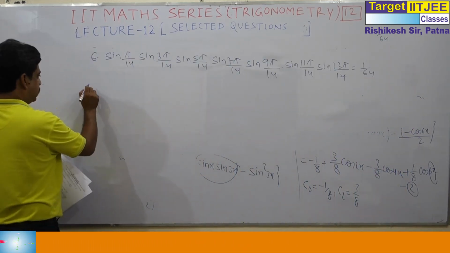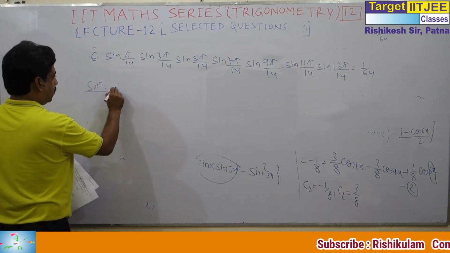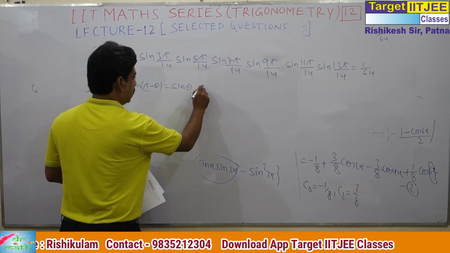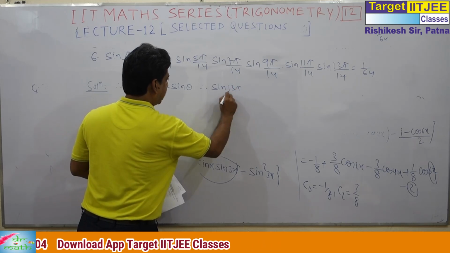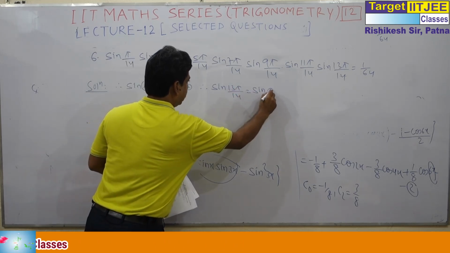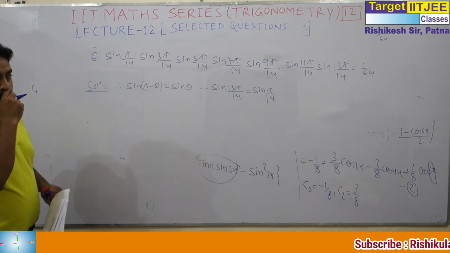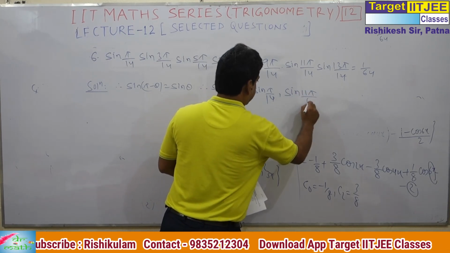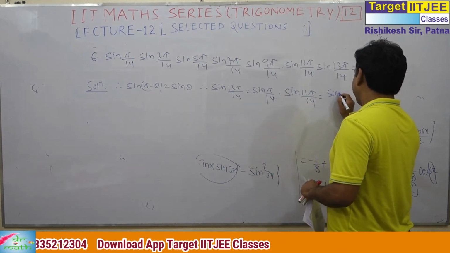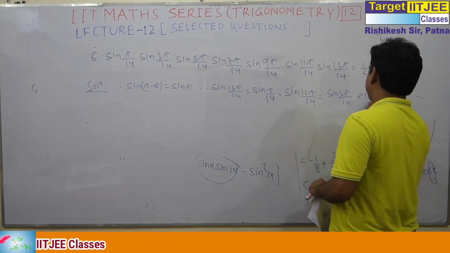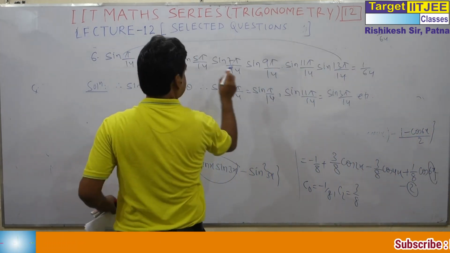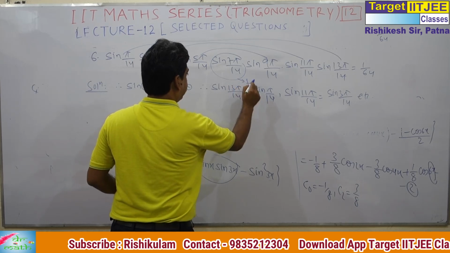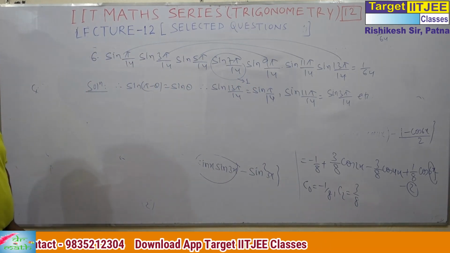See, solution. Since sin pi minus theta is equal to sin theta, therefore sin 13 pi by 14 is sin pi by 14, sin 11 pi by 14 is sin 3 pi by 14, etc. Means these two are in pair, these two are in pair, these two are in pair, and the value of this is 1.